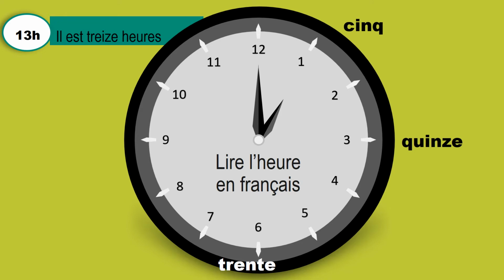So now you can see how it is written. Il est 13h05. Il est 13h10. Il est 13h15. Il est 13h20. Il est 13h25. Il est 13h30.